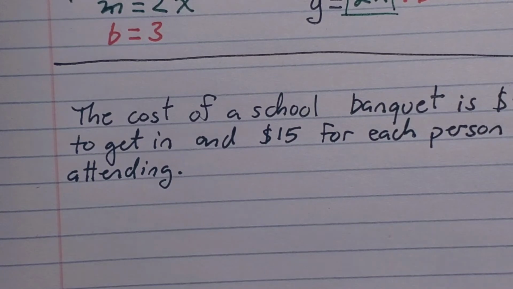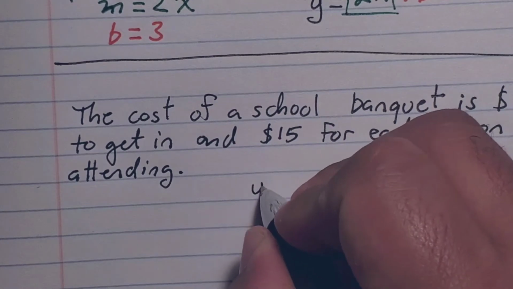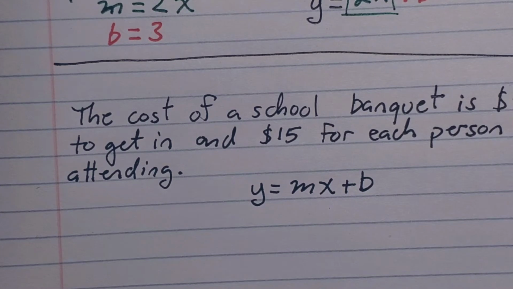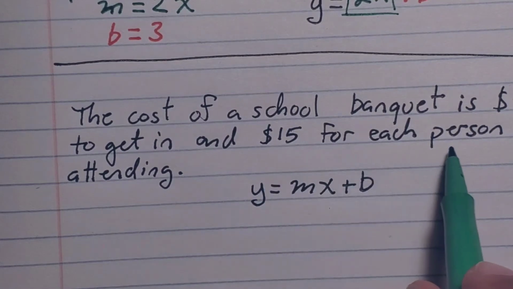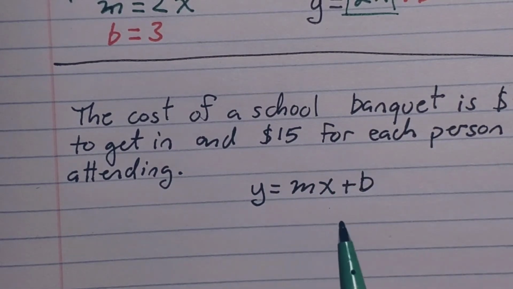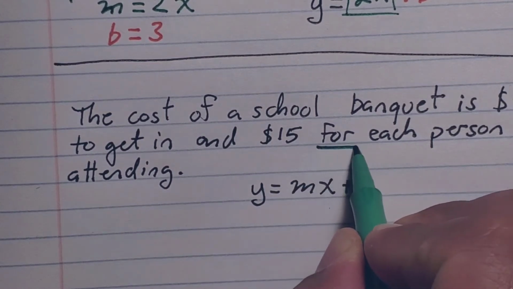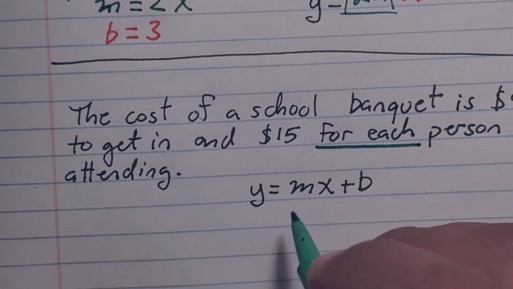What is my equation? So in this case, we know that it's y equals mx plus b, right? So what is my slope or my rate of change? I see $15 for each person. Okay, we don't see the word per, but this for each is the same thing as per person. It's just worded differently.